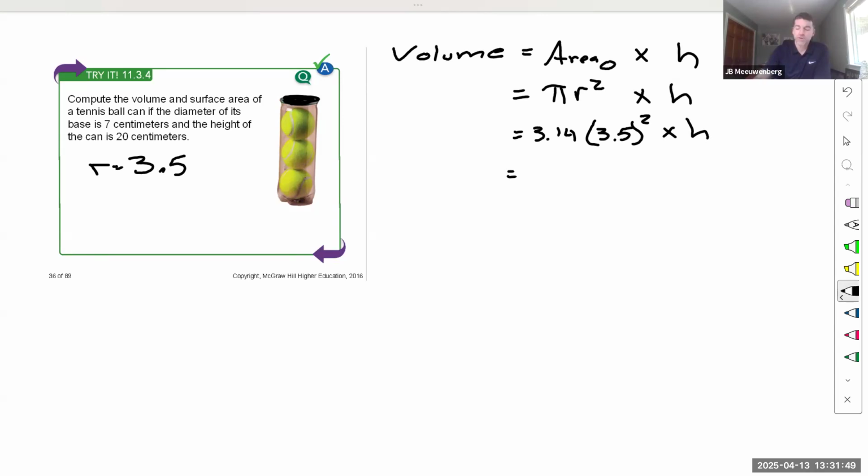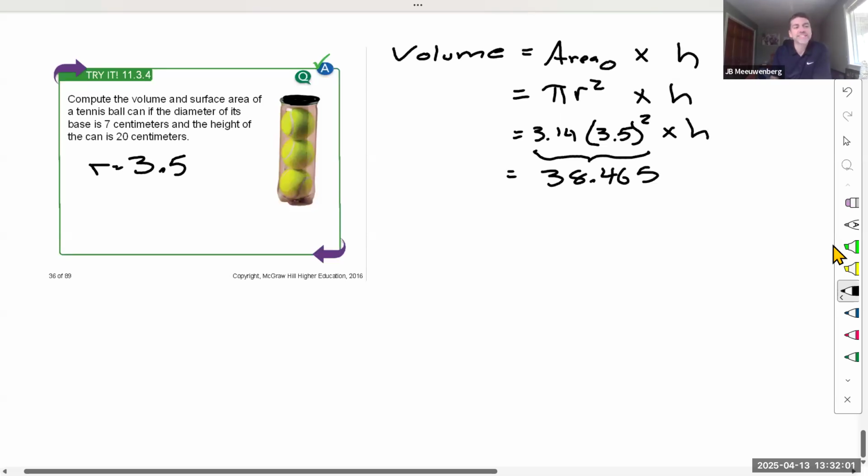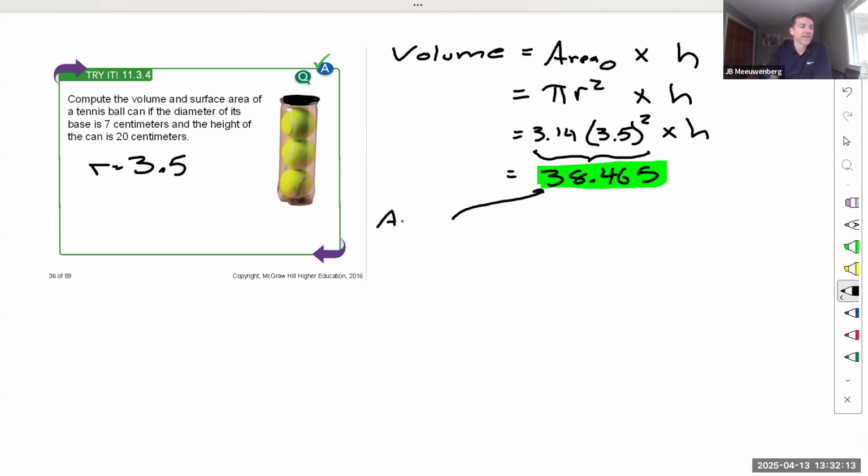So 3.14 times 3.5 squared is 38.465. So this part is 38.465. And the reason I did that all by itself is because we're also going to use that area when we calculate the surface area. So I'm just going to note that that right there is the area of the base.